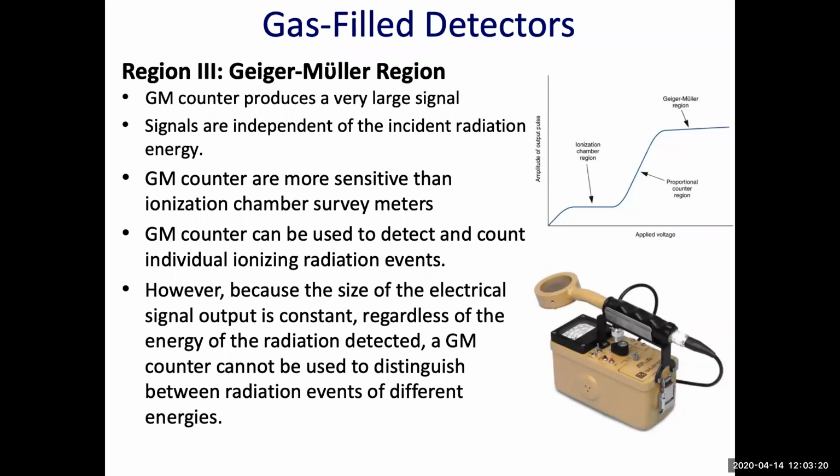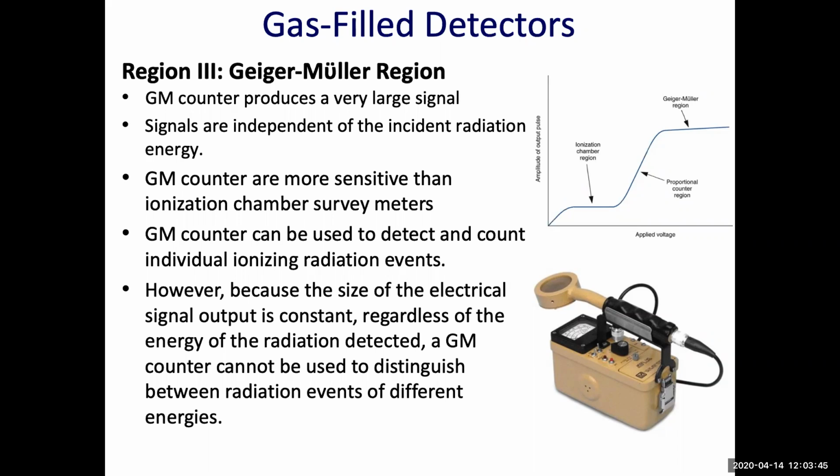If there is any contamination, the Geiger-Müller counter can detect it. It says there is contamination, but we don't know what kind, because this detector cannot distinguish between energies. It gives us a signal that there is some activity on the surface here. But if we want to know what kind of contamination, we cannot know by using the Geiger-Müller counter.